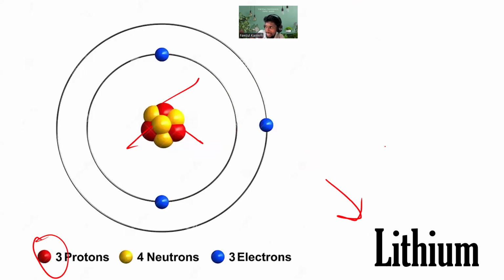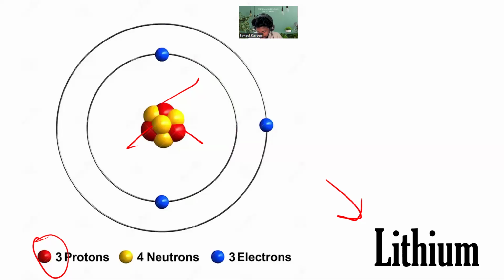So if you find an atom with 3 protons, I will name that atom as lithium atom. Is it clear? The number of protons is a significant value for each and every atom. It's a unique value.